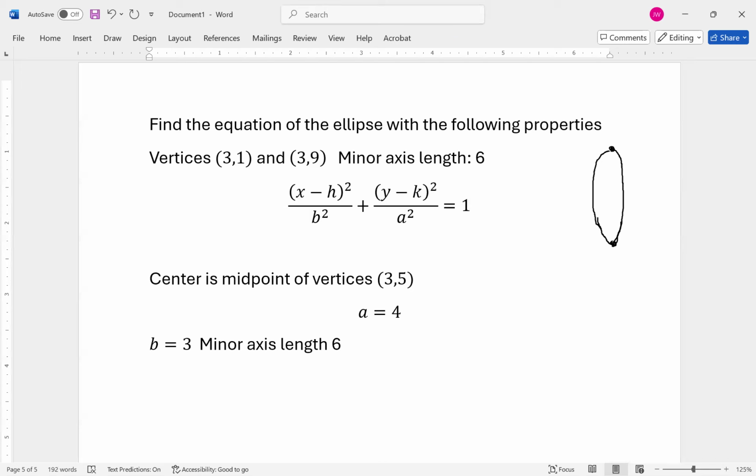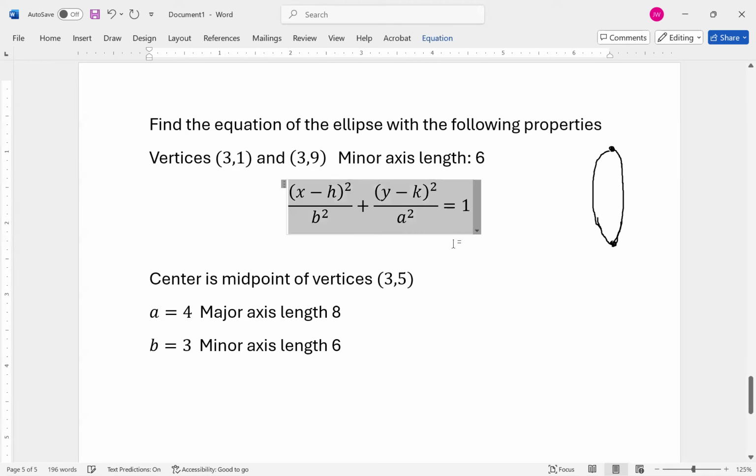I could have said the major axis is length 8 if I wanted to. So my equation can now all be filled in. I know the h, k, that's my center.